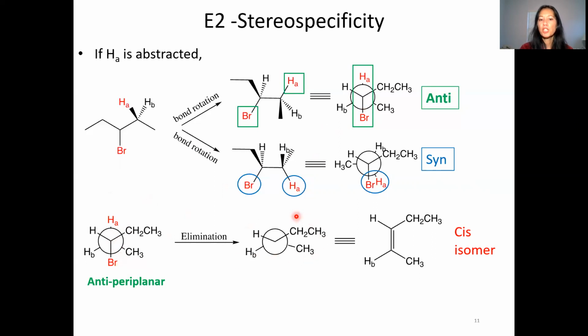So now your Newman projection looks like this. And if you just look at it from the bottom, it ends up showing that that would have given, in this particular example, the cis isomer. Okay, now I'm going to look at what if I wasn't looking at HA, I'm looking at HB.